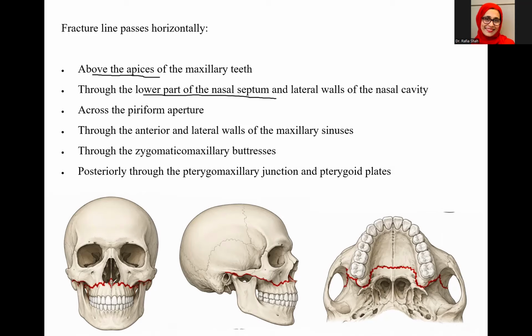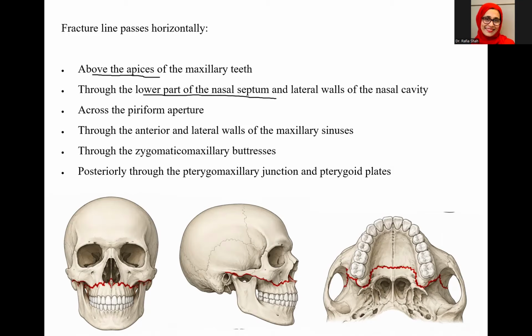This is the part of the nose. Crossing through the piriform aperture, it goes from one side to the other, involving the floor of the maxillary sinus or the lateral wall of the maxillary sinus. It then crosses upwards towards the zygomatic bone and zygomatic buttress.